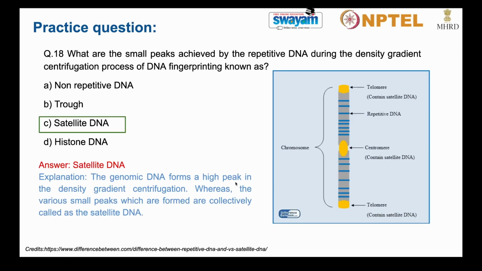Genomic DNA forms a high peak in the density gradient centrifugation, whereas the various small peaks which are formed are collectively called satellite DNA, because they are obtained from the centromere as well as telomere regions. So they will show the smaller peaks. Hence they are regarded as satellite DNA.